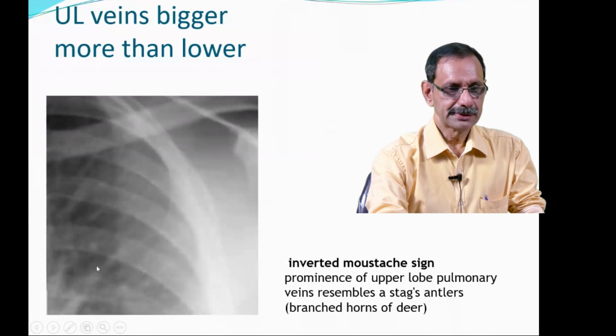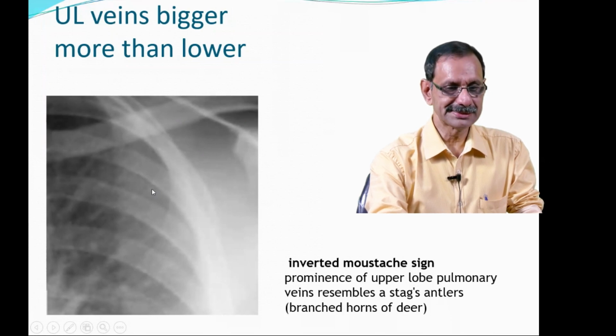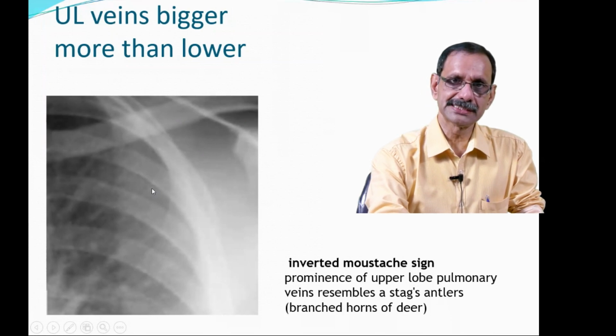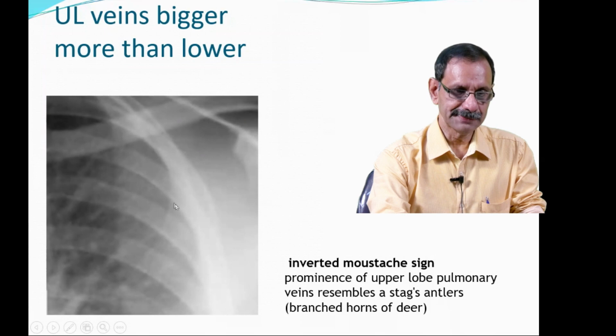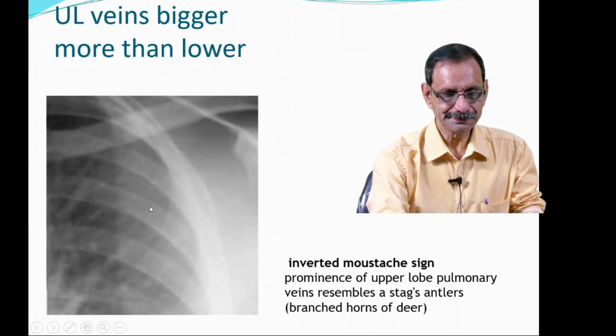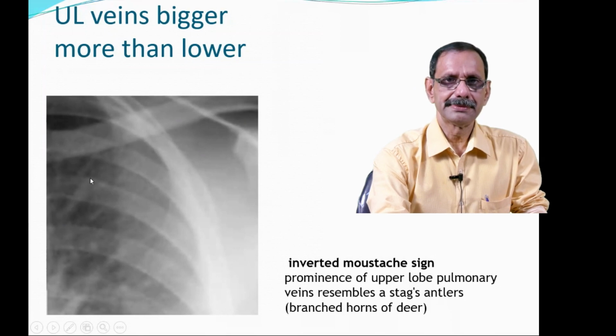See, there are many vessels clearly seen in the upper zone. Normally less will be seen. It is not that the number of vessels will be more in pulmonary venous hypertension, no. It is the size that increases because it accommodates more blood. So many signs and names are given.